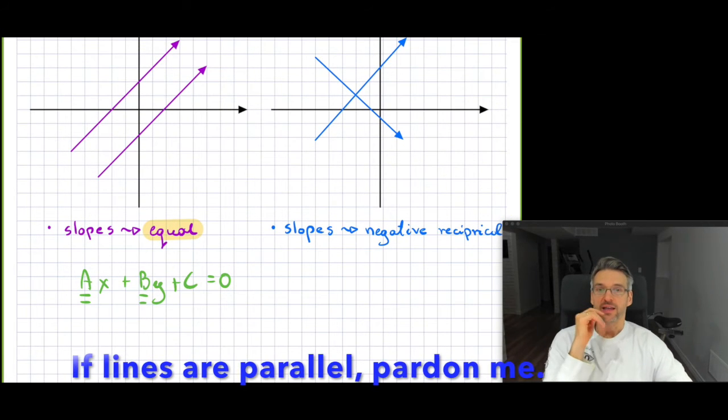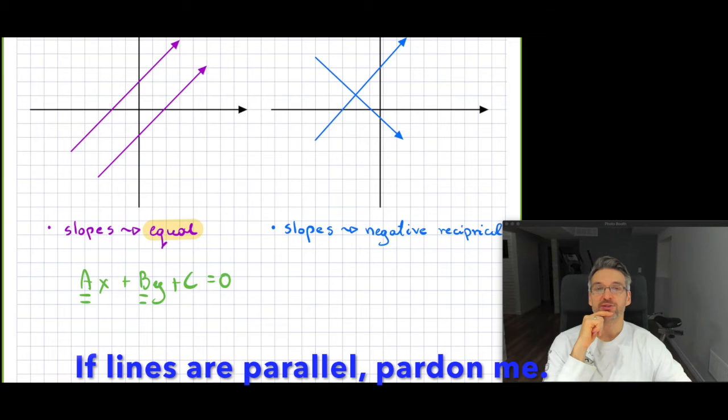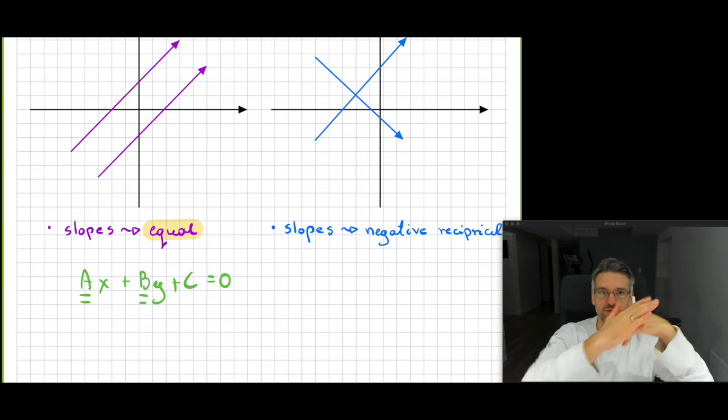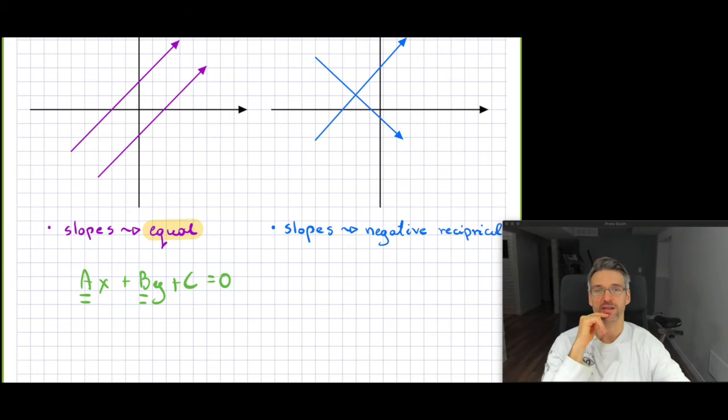Now, if your y-intercept is the same, then not only are those 2 lines parallel, they're basically the same line, right? They fall right on top of each other. So that is also something you may want to think about: when you have 2 parallel lines that collapse on top of each other, meaning they have the same slope and the same intercept, then it's the same line.